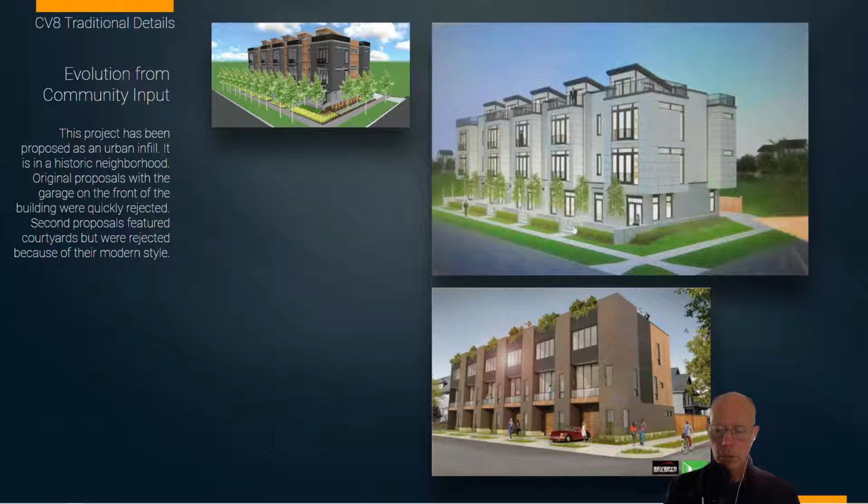And so this was quickly rejected, not activating the street, no porches. Other versions of it pushed the parking to the back of the building and created these porches. And there were still rejections about it not feeling warm or having enough character to it.